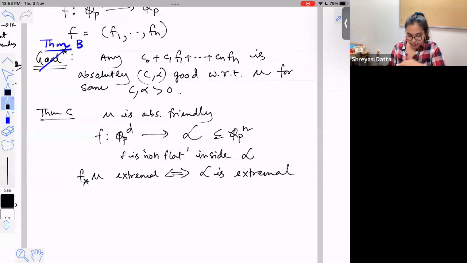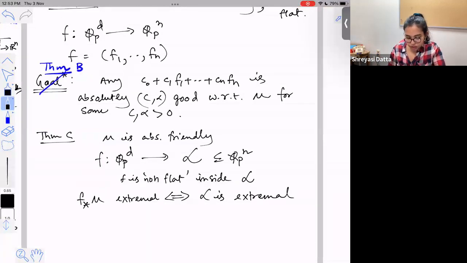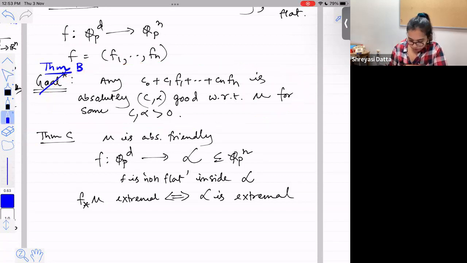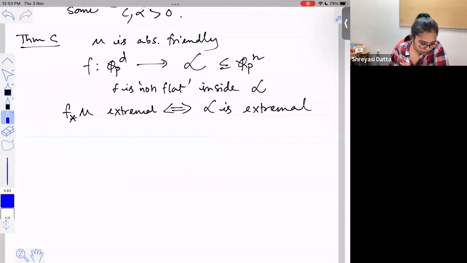And more interestingly, why we actually started this: we did not start with this project. Our goal was not initially to prove such a theorem, but rather we were working with badly approximable vectors. This is an ongoing work, so I want to talk about it briefly. If you look at badly approximable vectors inside R^n, the dimension of that is the dimension of the ambient space.